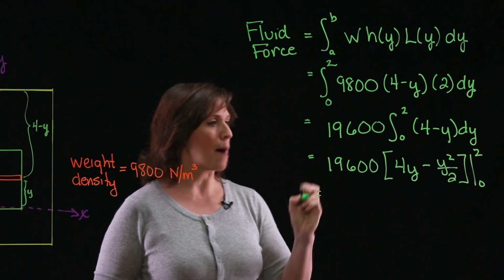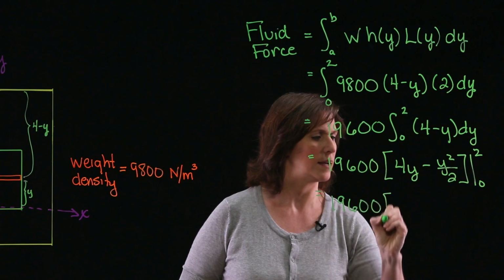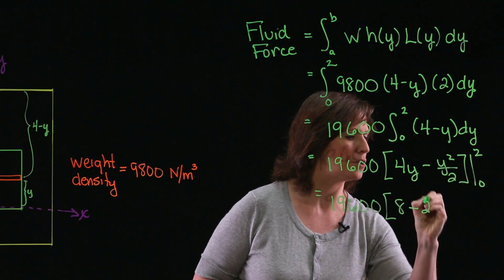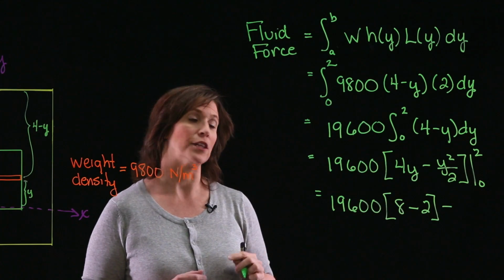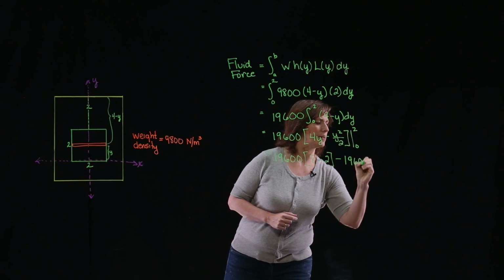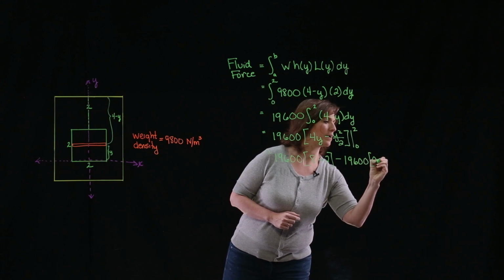We begin by plugging in my upper limit. So I have 19,600 times 8 minus 4 divided by 2, which is 2. And then I have to subtract what happens when I plug in the lower limit, 19,600 times 0 minus 0.